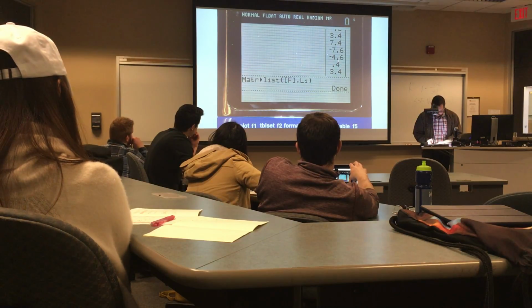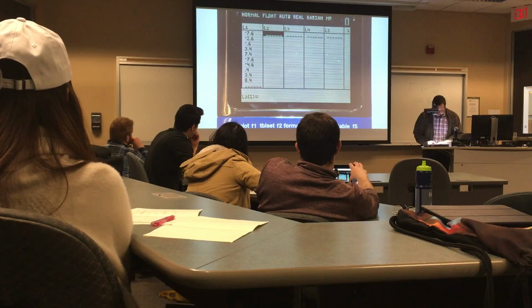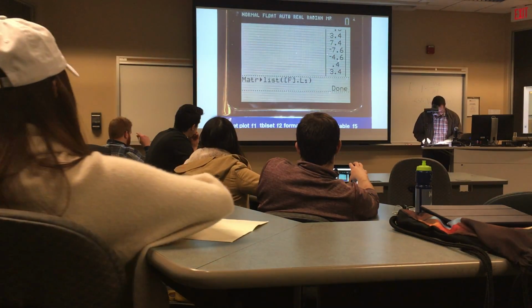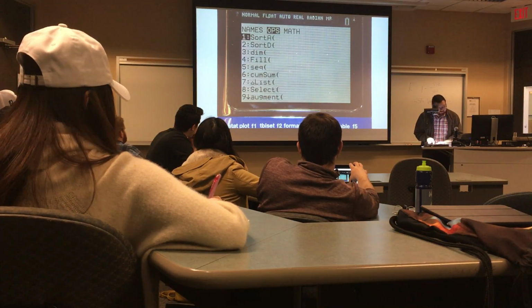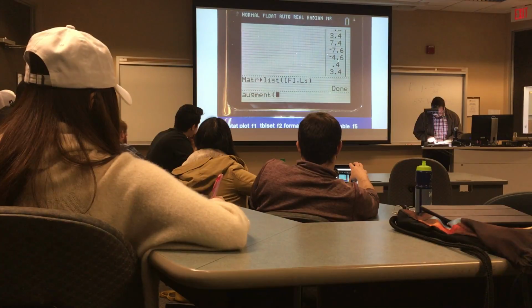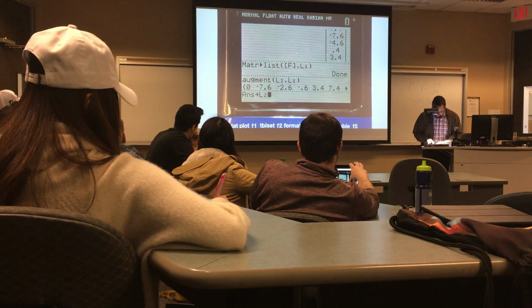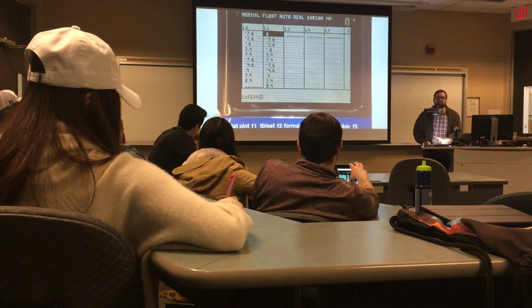And then I need to go into list 2 and put a 0. And then I need to add list 1 to the end of list 2, by doing what? Augment. So augment list 2, comma list 1 gives that, and I need to put it in list 2. So now I have that.